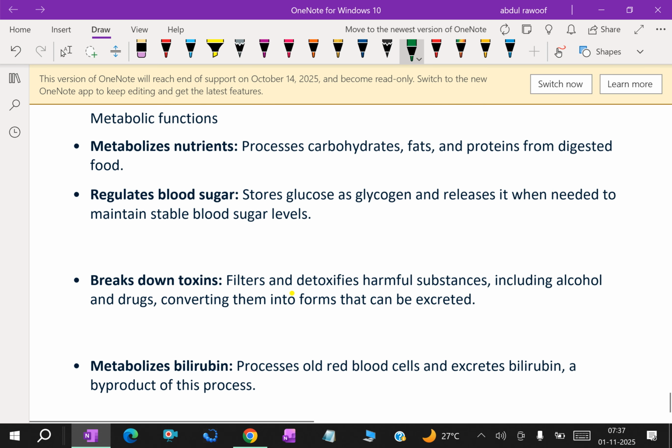Metabolic functions: metabolizes nutrients, processes carbohydrates, fats, and proteins from digested food, regulates blood sugar, stores glucose as glycogen, and releases it when needed to maintain stable blood sugar level.